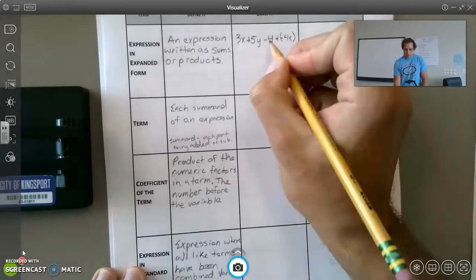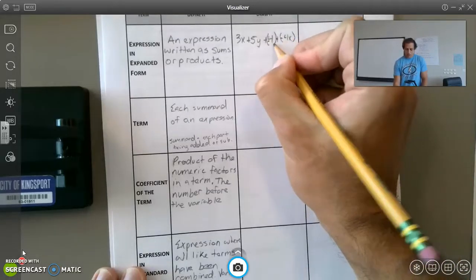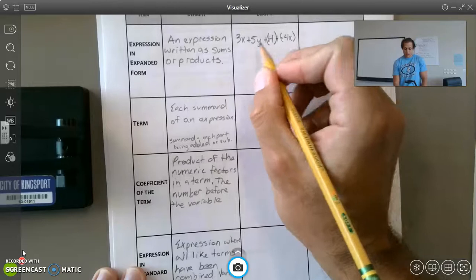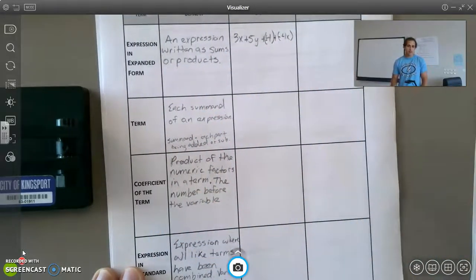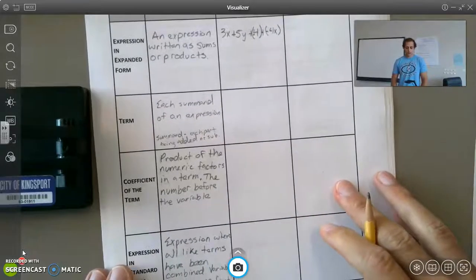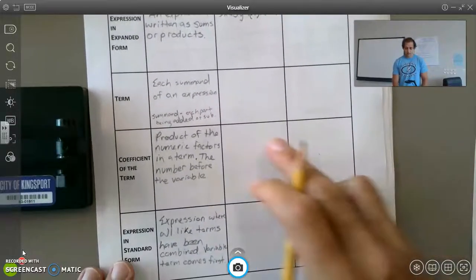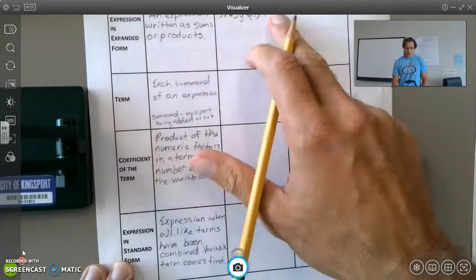So now I have multiple terms here. These are expanded out, and they could be combined, but they're not necessarily combined at this point. That means it's expanded.